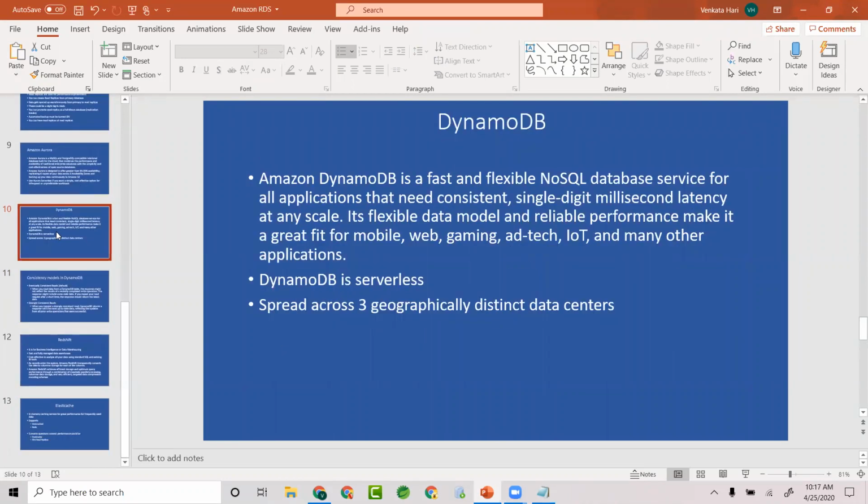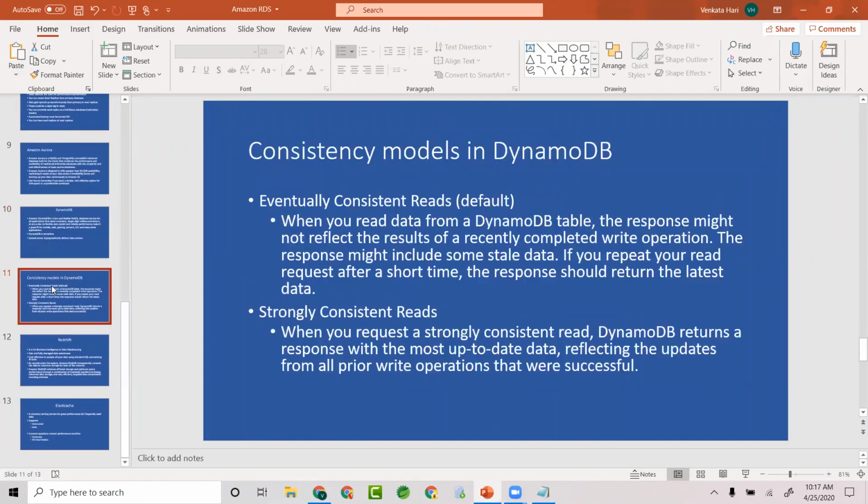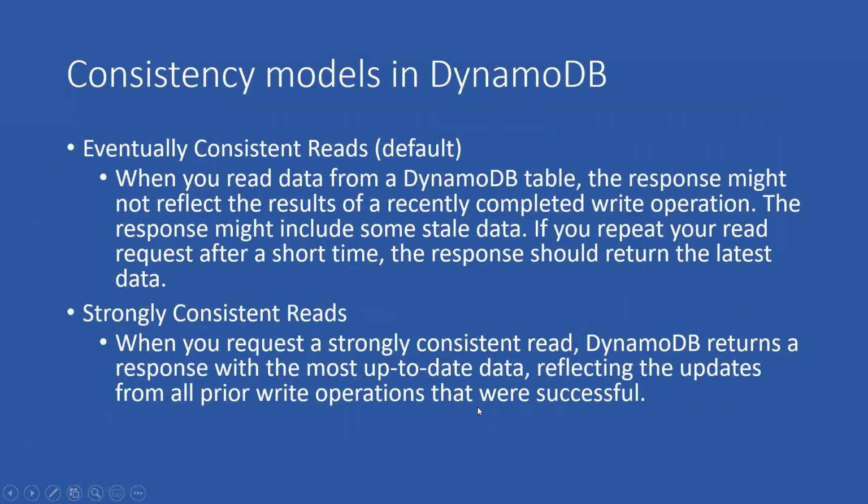Okay, so in DynamoDB, there are two kinds of consistency models. It's not specific to DynamoDB, but in general, when you talk about non-relational databases, you will always invariably talk about the consistency models. So there's one consistency read called eventual consistent reads.